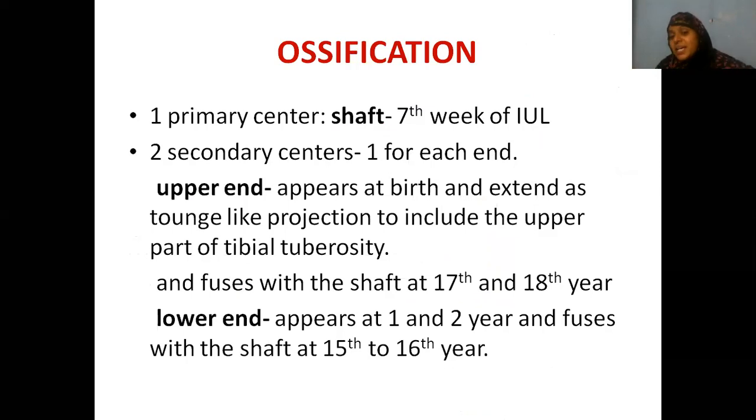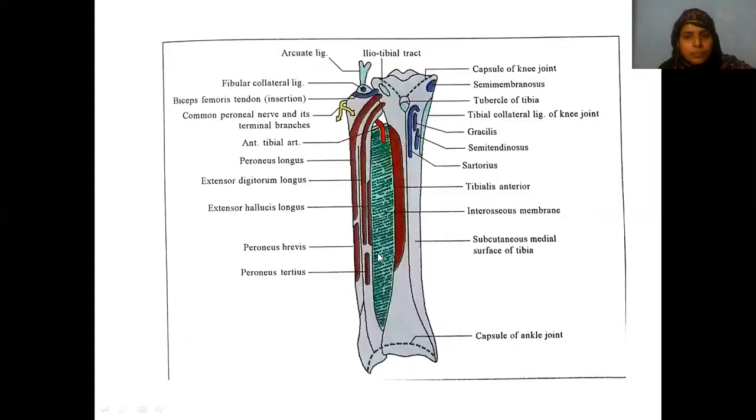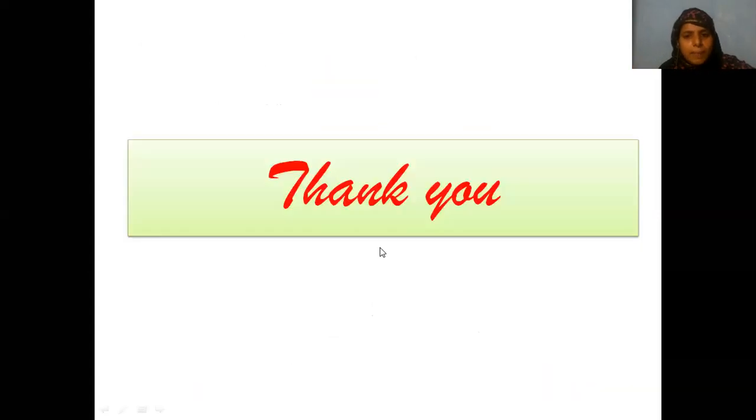For femur, yesterday I told you lower end is the growing end. But for tibia, the upper end fuses with the shaft at 17 to 18 years, and the lower end fuses with the shaft at the 15th to 16th year. That means lower end is not the growing end of the bone. Upper end is the growing end of the bone. So that is all about tibia.